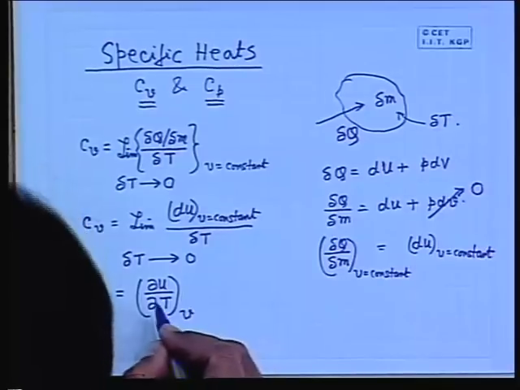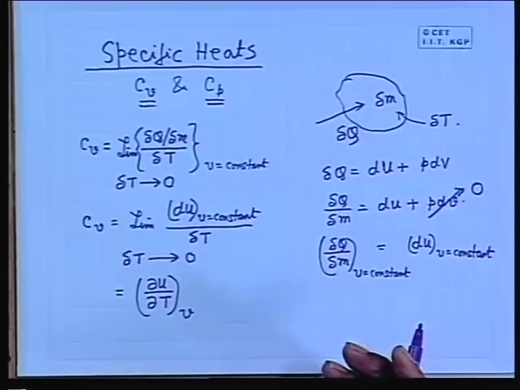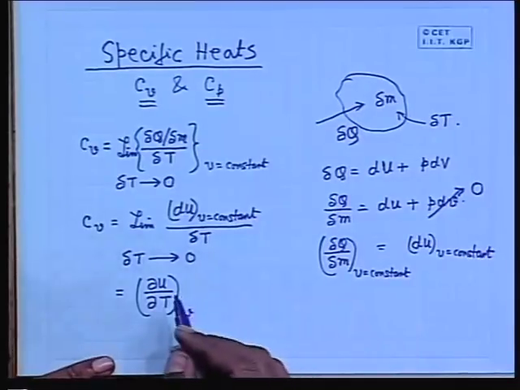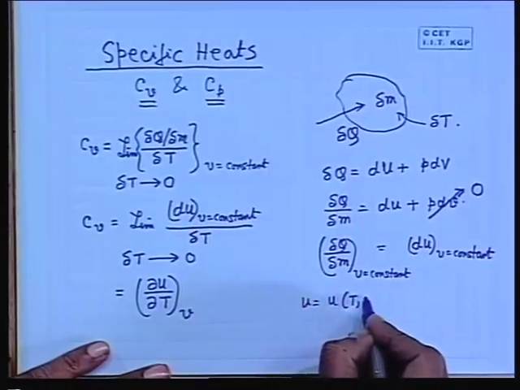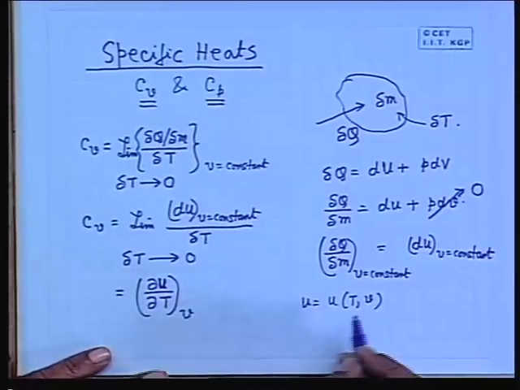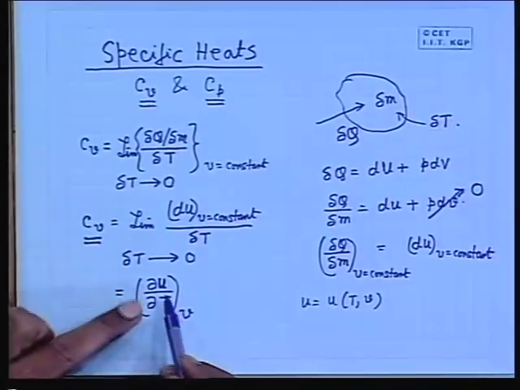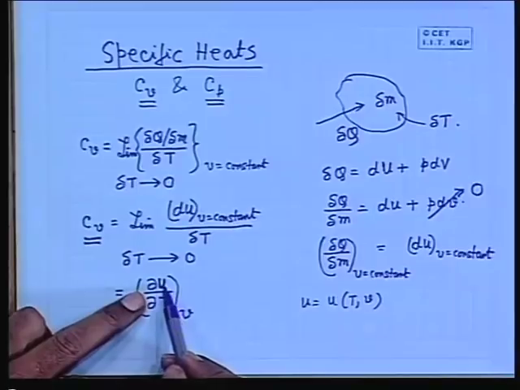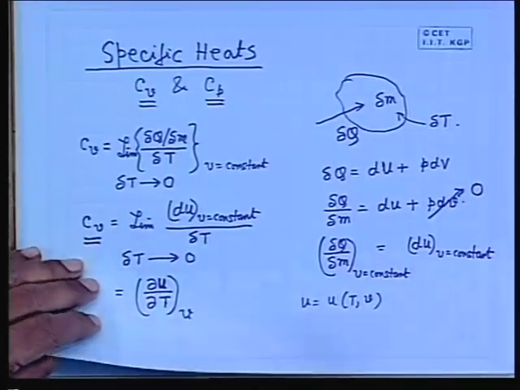Usually it is written like this in terms of the partial differential. u is a function of two variables. In case of a single phase, single component system, small u may be expressed as a function of T and V, so we can write its partial differential. Therefore, you see that the specific heat at constant volume becomes equal to the partial derivative of specific internal energy with temperature at constant volume. It's clear? Cv is del u del T at constant volume.